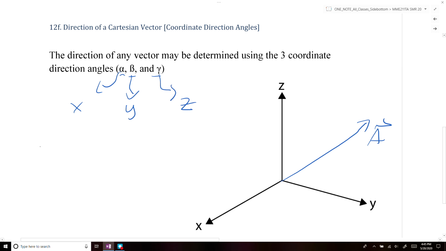All right, so we can define alpha, beta, and gamma using a cosine function. So the cosine of alpha is going to be equal to the magnitude of vector A in the x direction divided by the total magnitude of vector A. And it'll look like this on our diagram, where this is the angle we're just talking about.